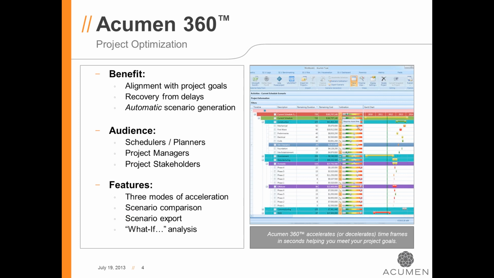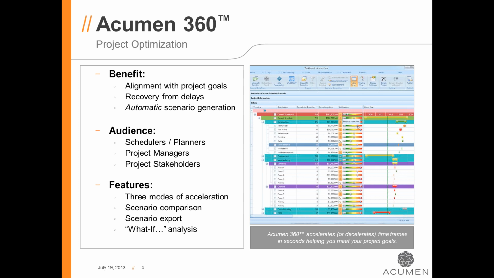Okay, so now let's talk more about Acumen 360. The benefits are several. You can recover from delays and maintain alignment with your project goals. You have the ability to perform automatic scenario generation under parameters that you yourself govern.